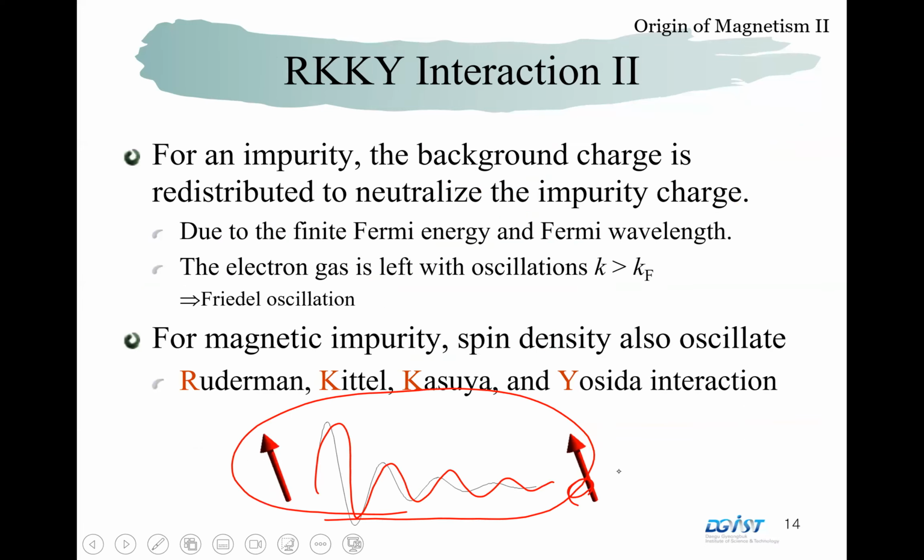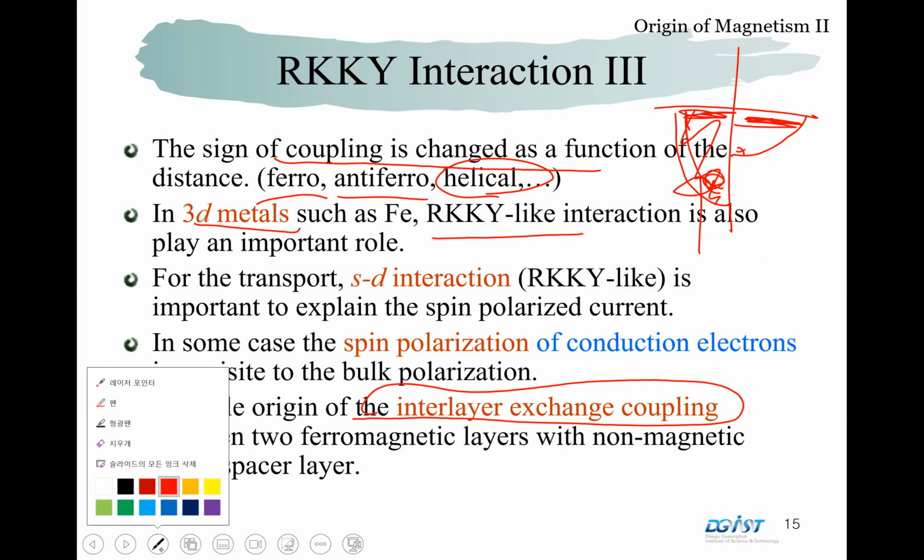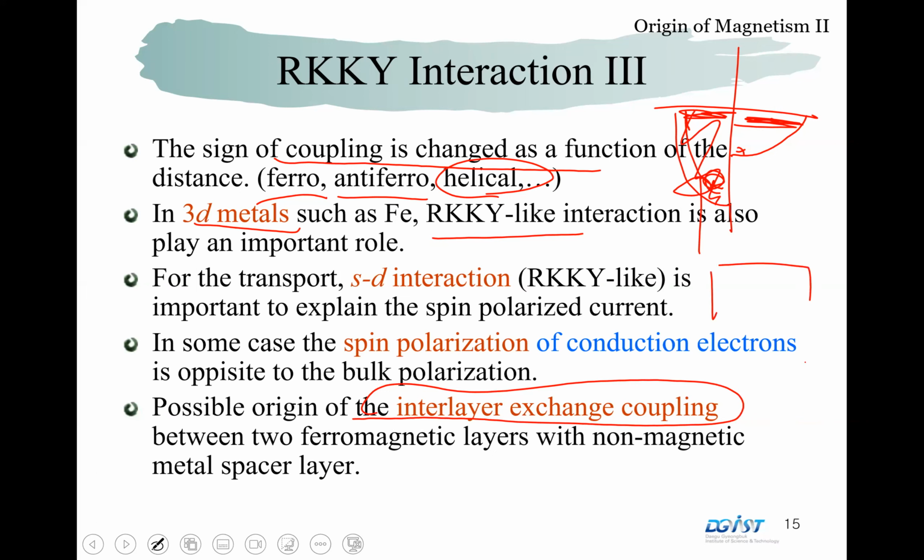If you have a layered structure, for example, one ferromagnet and a second ferromagnet, and there is no magnetic material between them. These two ferromagnets are separated by non-magnetic material. Let's say the non-magnetic material is not that thick, a few nanometers thick. Then these two interact through the non-magnetic material.